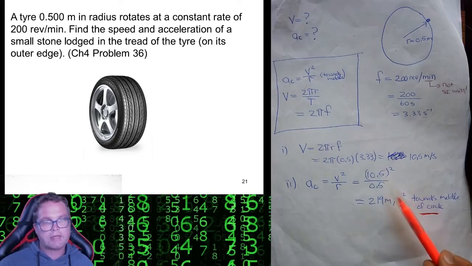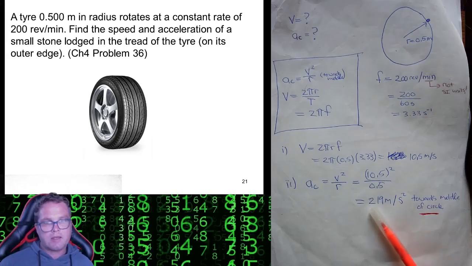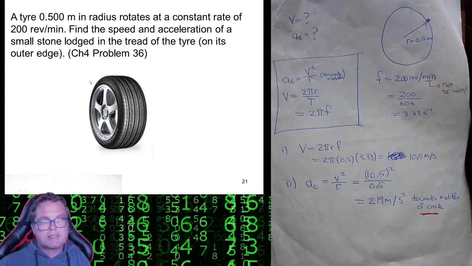We're given the radius, and then we're able to calculate the size of the centripetal acceleration as 219 meters per second squared. Of course, we're dealing with centripetal acceleration, and its direction is always towards the center of the circle.